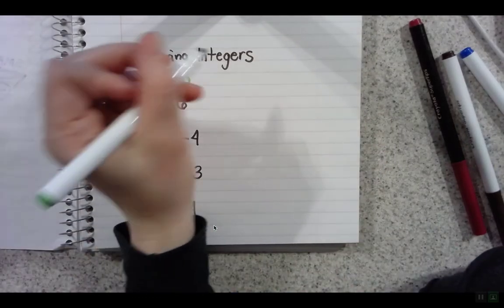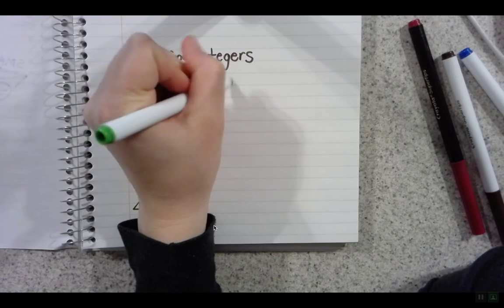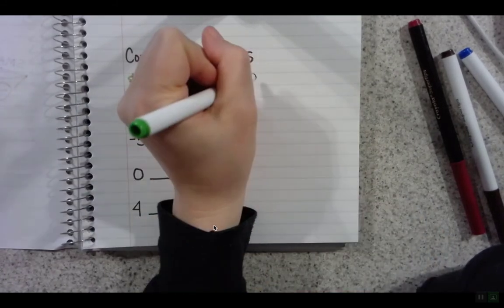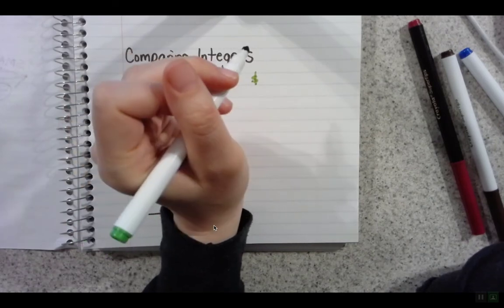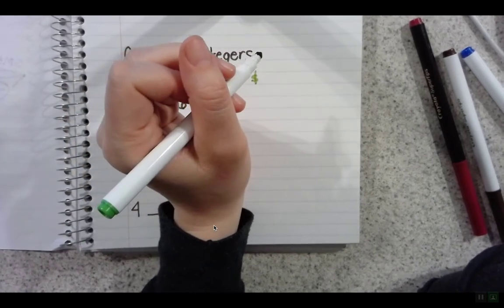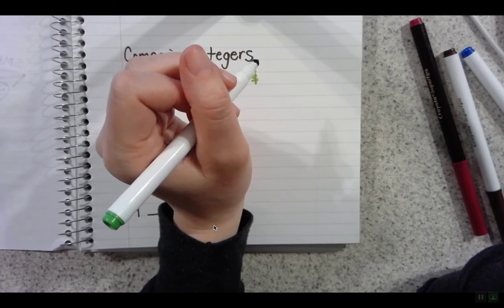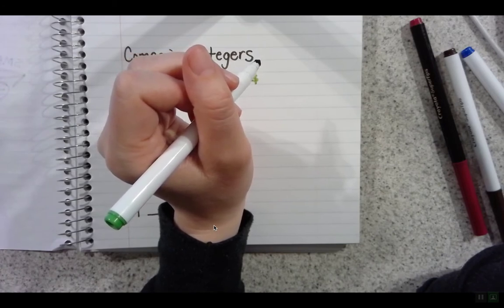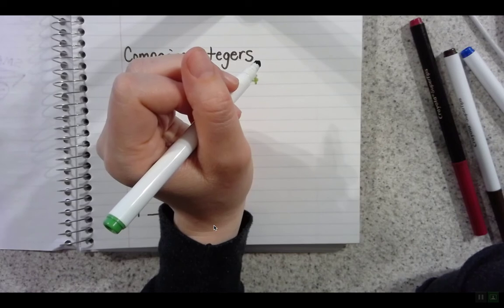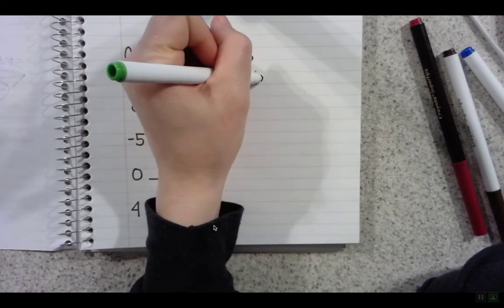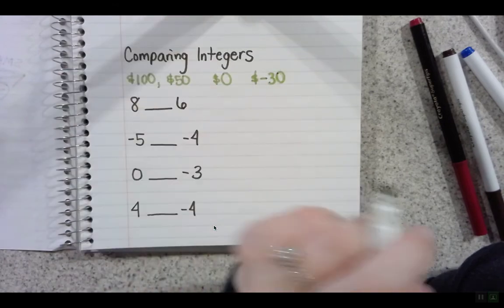You could possibly have no money in your bank at all, or even worse, you could owe someone money, like maybe you have no money and yet you chose to buy a pair of shoes and put the cost on your credit card. Then maybe you'll have negative $30 in your account.